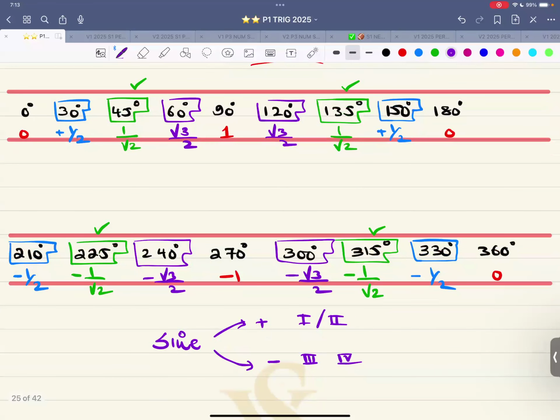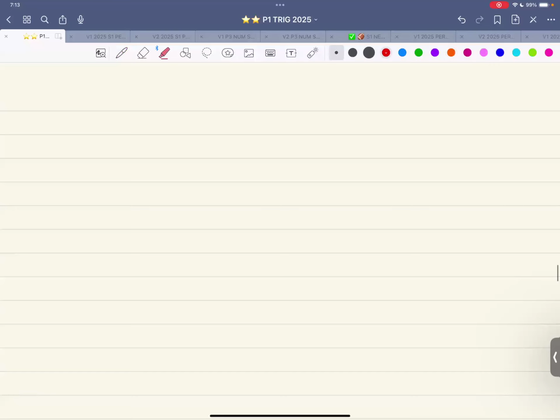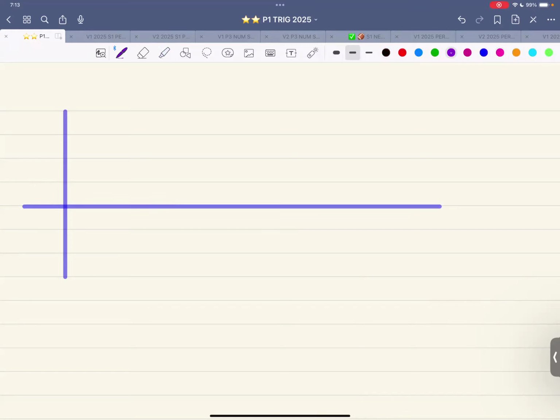Now, what I need to do is draw a graph out of this. That is what we are focusing on. So let me first focus on a graph going this way. We are starting with this. That is the y-axis. That is the x-axis.